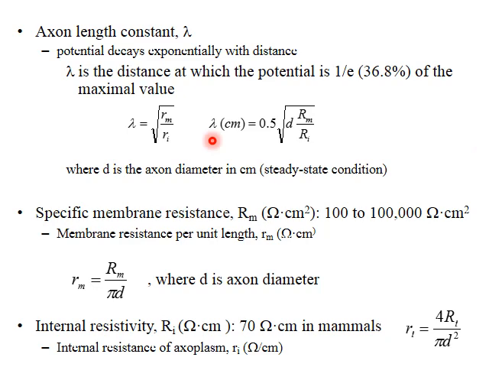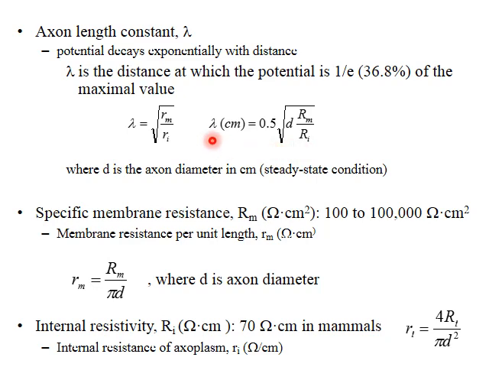Now, just as we talked about specific membrane resistance when calculating the time constant and the specific membrane capacitance, we can define the length constant in terms of the specific membrane resistance and the specific internal resistivity.